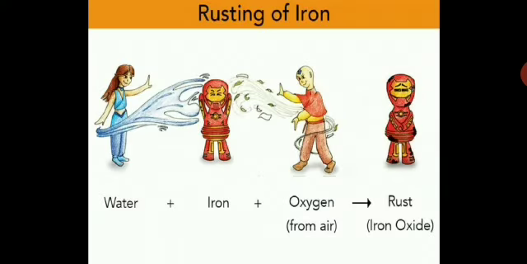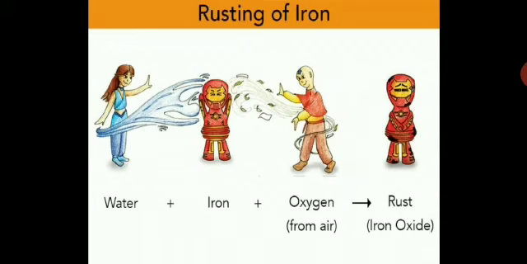You can see this picture here again, rusting of iron. You can relate the characters in this picture with the chemicals involved in rusting of iron. You see water in the picture, iron in the middle, and oxygen from the other side, from the air. They are attacking iron. You can see how it is being attacked.